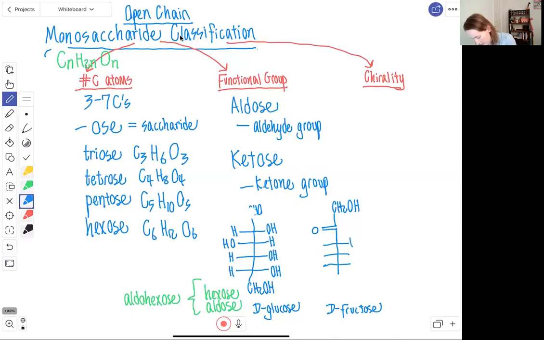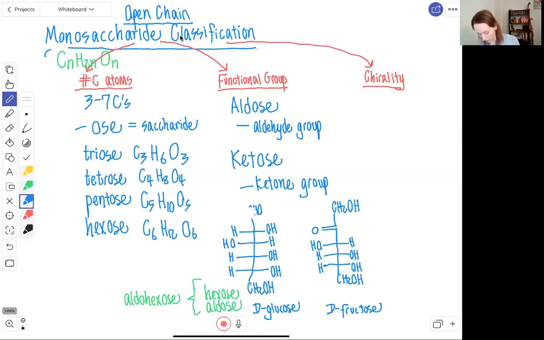And the intersections of these lines, where the lines cross and form a T, that intersection represents a carbon, of course, like a line angle formula type structure would do. So this is our structure of D-fructose.